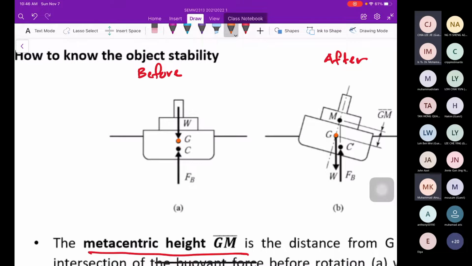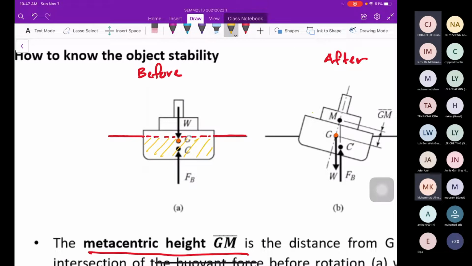And then this is C. How to get C? C is the displaced volume centroid. So this is the water, that means the displaced volume should be here.